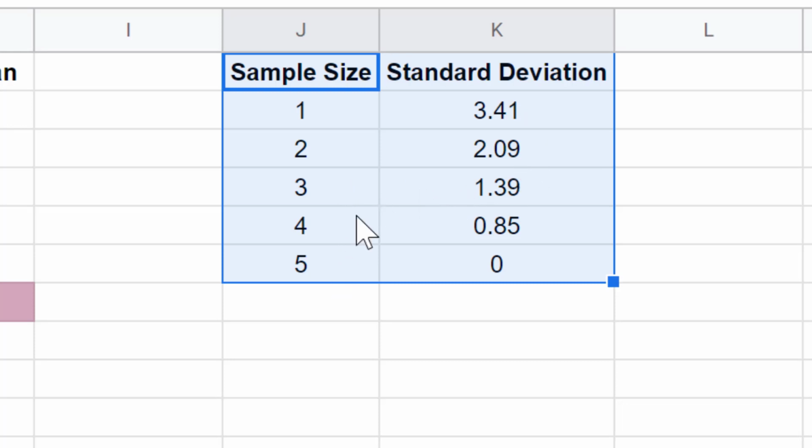And then 3, 4, and 5 I went ahead and calculated, and we get 1.39, 0.85, and 0. Your last value should always be 0, because if you can test your entire population, then your standard deviation should in fact be 0 for the standard deviation of the sample mean, sorry.